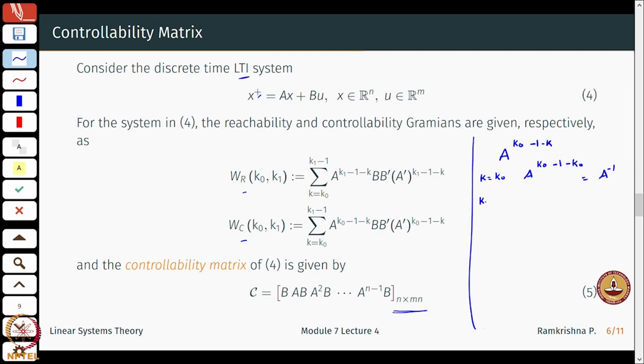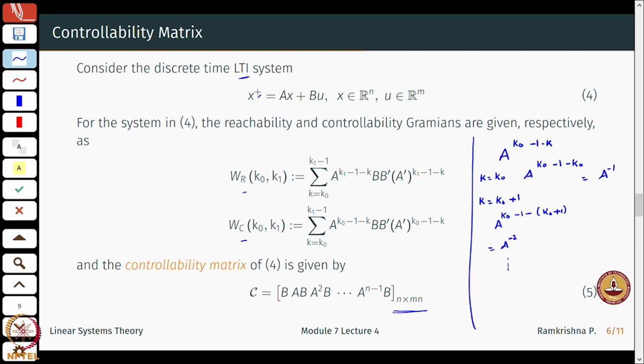Similarly, in the second time step, k is k naught plus 1, so this is a power minus 2 and so on.